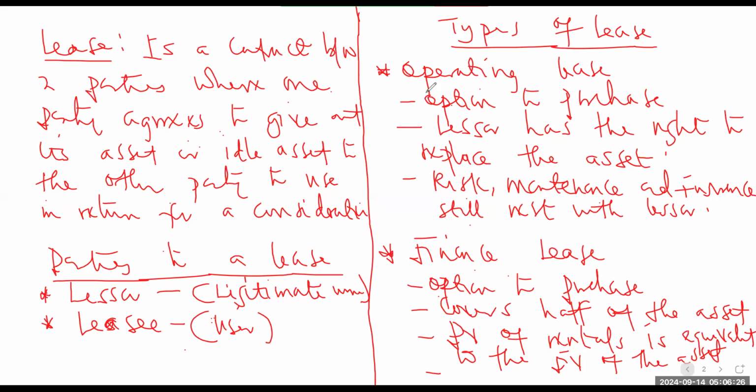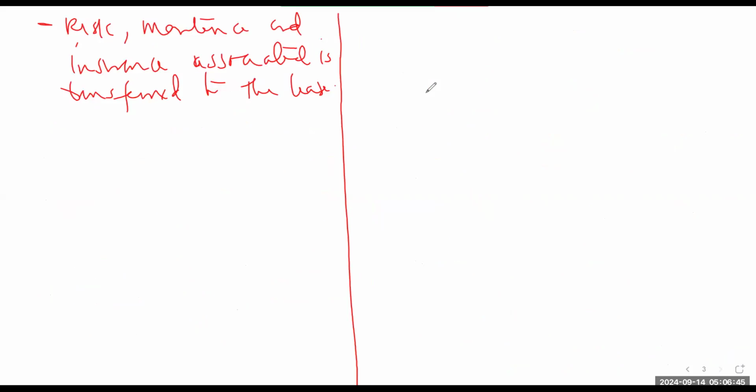So for operating lease, the only thing that the lessee will be accounting for is the rent as an expense. If there's any owings of the rent, he is going to be recognizing that as a liability. If there's any prepayment of the rent, he is going to recognize that as a current asset, or as receivables.